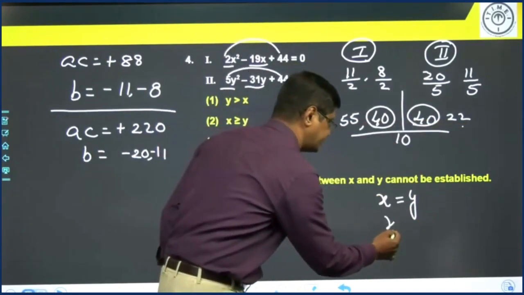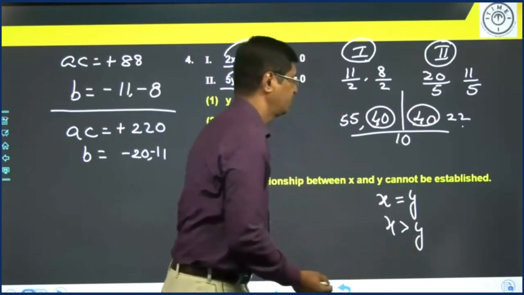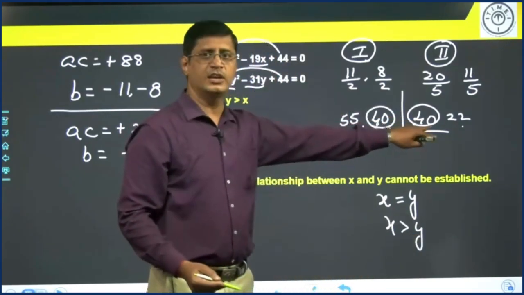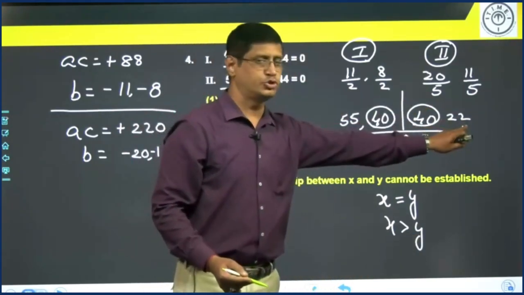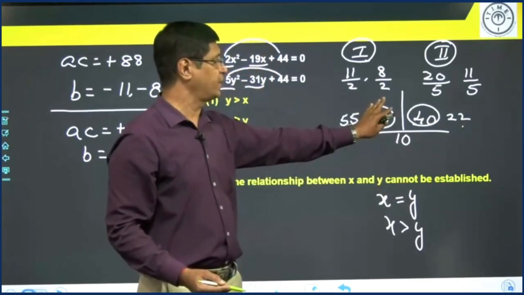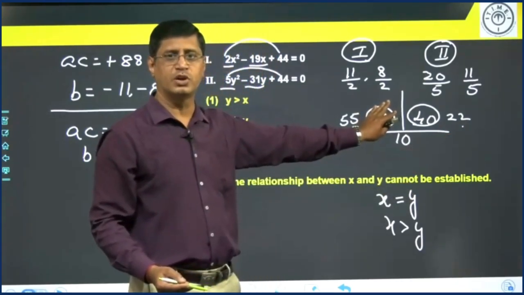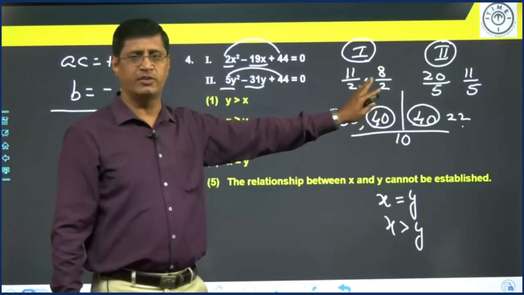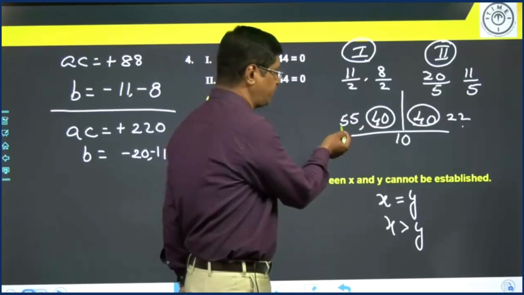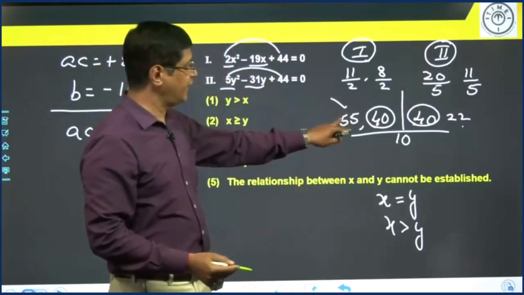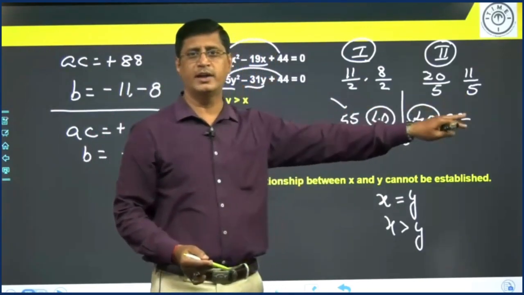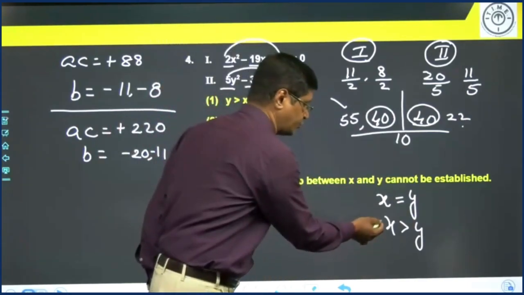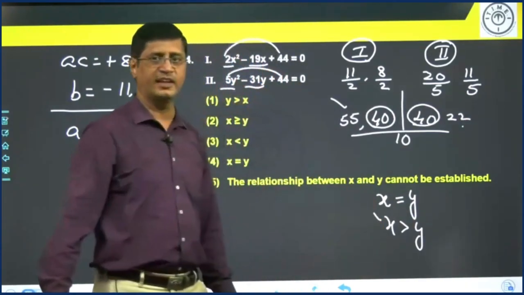So x is greater than y. 40 equals 40, and 40 is more than 22. I am comparing one of the roots of the first quadratic equation with both the roots of the second quadratic equation. Now what about the 55? 55 is more than 22 and 40, so it is satisfying the condition of x greater than y.